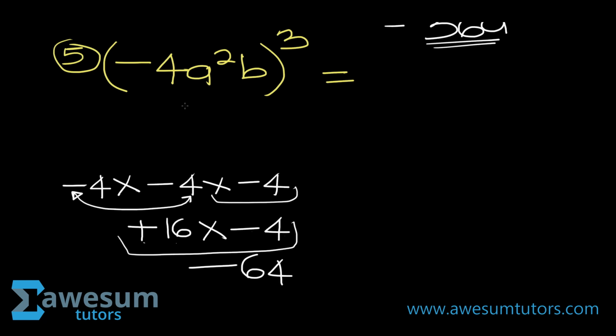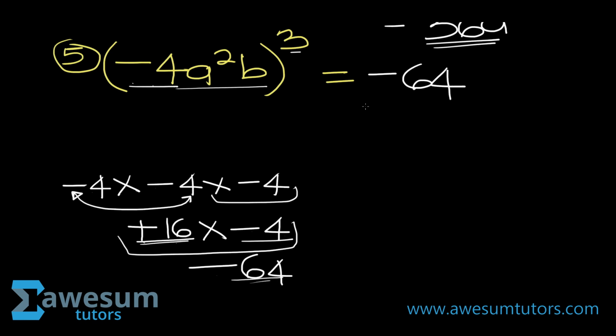So that means if I open up this one right here, it's going to give me negative 64. Remember, what we are trying to do right here is this cube is going to be distributed on each of these factors. And this is negative 4. You multiply it by itself 3 times. Negative 4 times negative 4 gives you positive 16 times another negative 4. That gives you negative 64.